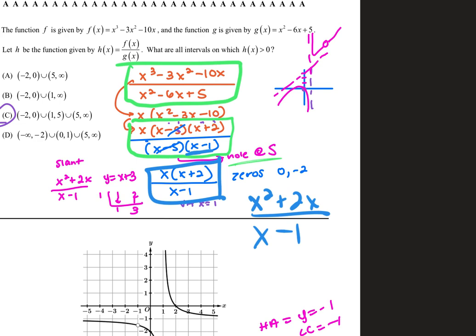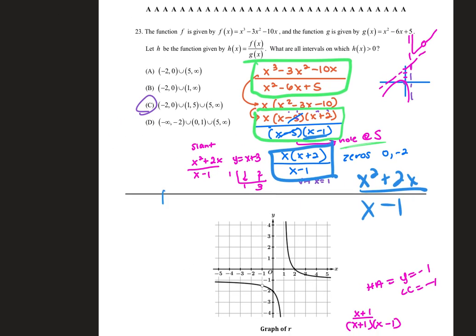So now I've got my vertical asymptote at 1. And then to find slant, you divide the top by the bottom. I did it synthetically over here, but you could do synthetic or long division. And I get y equals x plus 3 as my slant asymptote.